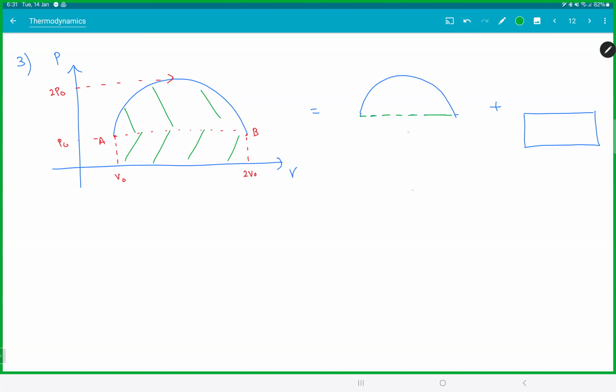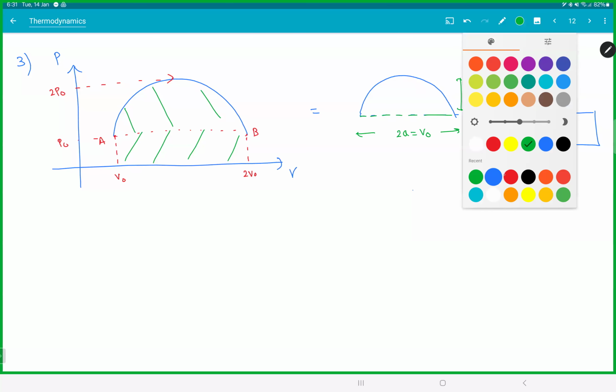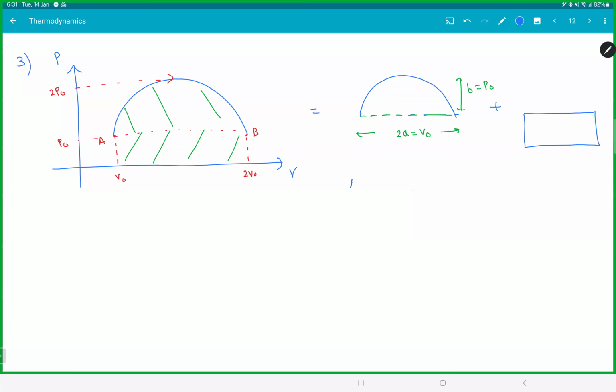What is this length here? That is V naught, which is 2A is V naught. What is this thing here? This is B, which is P naught. So what is the area? This is the area of the half ellipse, which is half into pi AB.